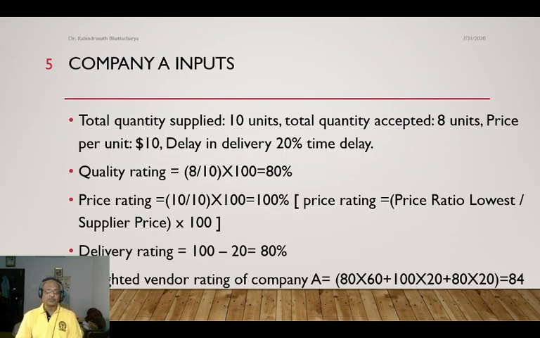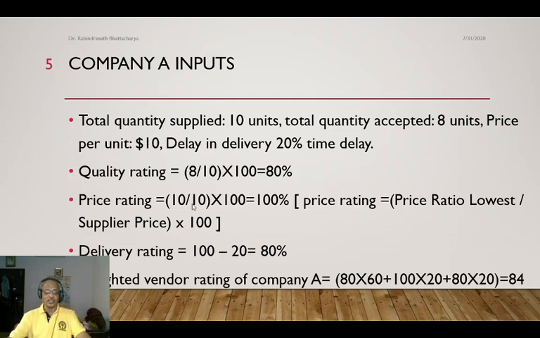This is the input. So total quantity supplied for A, 10 units. Out of that, 8 units have been accepted. Price per unit is 10. Delay in delivery is 20% of the time. So quality rating, I can rate as 80 because 8 by 10 into 100.